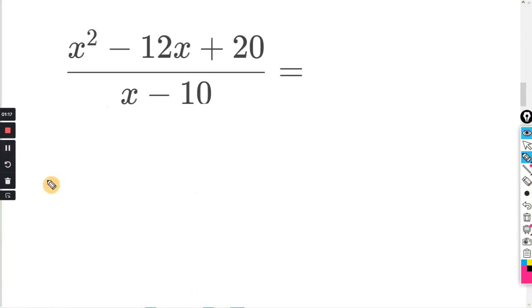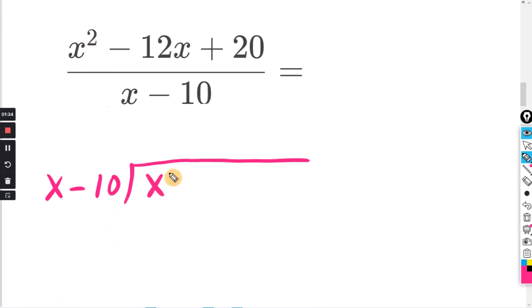So I'll write the bottom part first, x minus 10. And then the top part, you want the biggest exponents first and then going in decreasing order. It's already written that way, so this is x squared minus 12x plus 20.